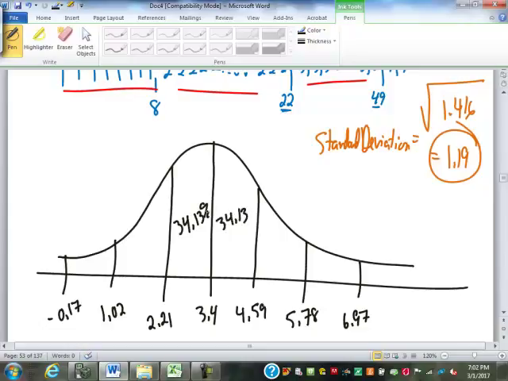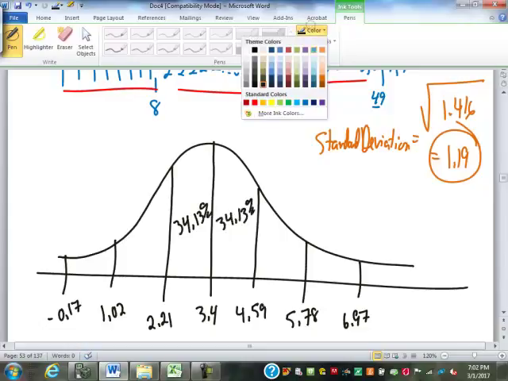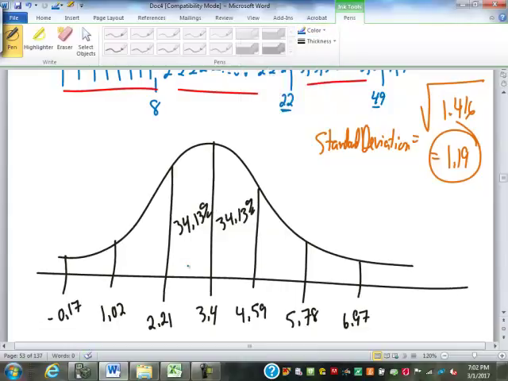What we can say here definitively, and I'm not going to keep going with the percents, is we expect 68.26% of students to have between 2.21 and 4.59 classes. Now, obviously, they can't have 0.21 classes, but still, you can come up with those percents within that range.